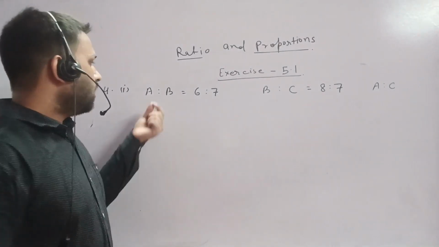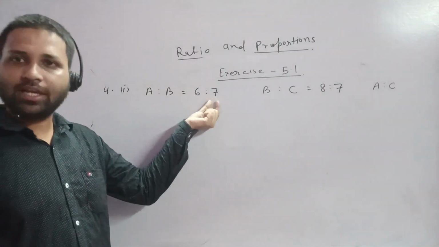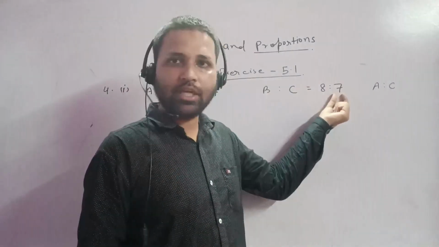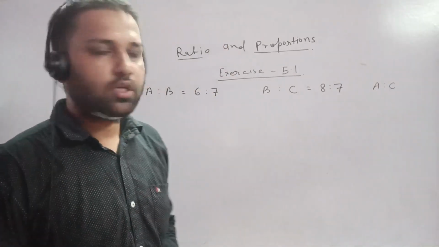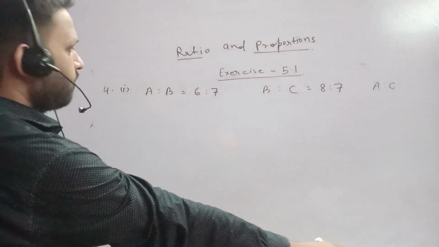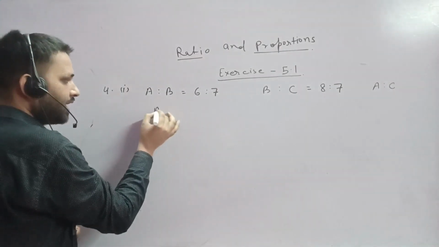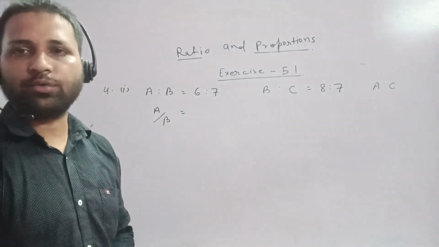Okay, here 2 ratios are given. A is to B is equal to 6:7, and the second ratio is given, B is to C is equal to 8:7. We have to find A is to C. Now see, the first ratio is A is to B, then you can write A by B. Ratio is converted into division.